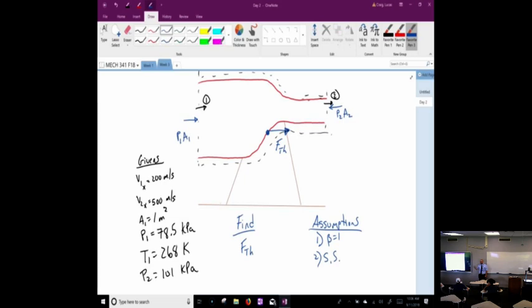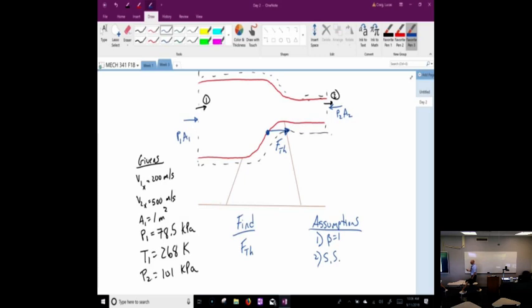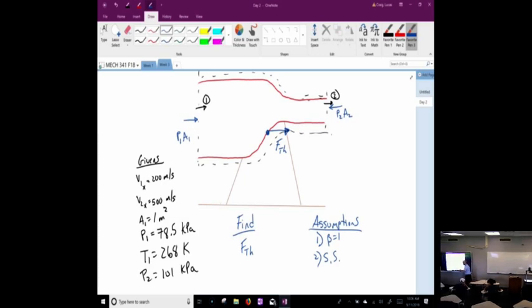P equals rho, C... that's mass flow rate. Rho CP delta T, that's delta H, that's enthalpy. Okay, that's good though. There's enthalpies going on here.